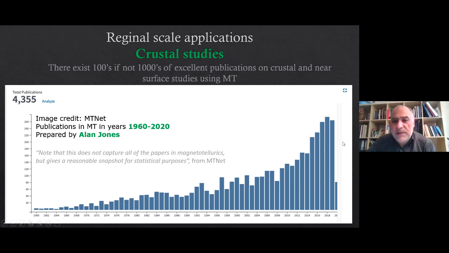The most interesting part is to see how the use of MT has been increasing in the last couple of years. It looks like an exponential increase in publications, showing that the MT method is becoming much more popular and much more useful for many applications.